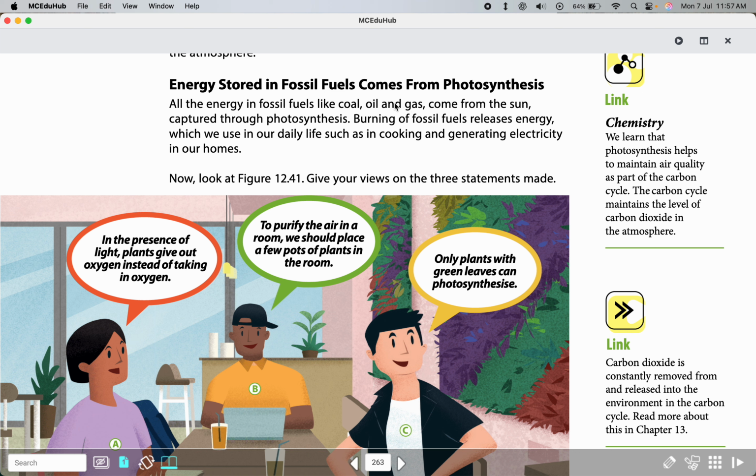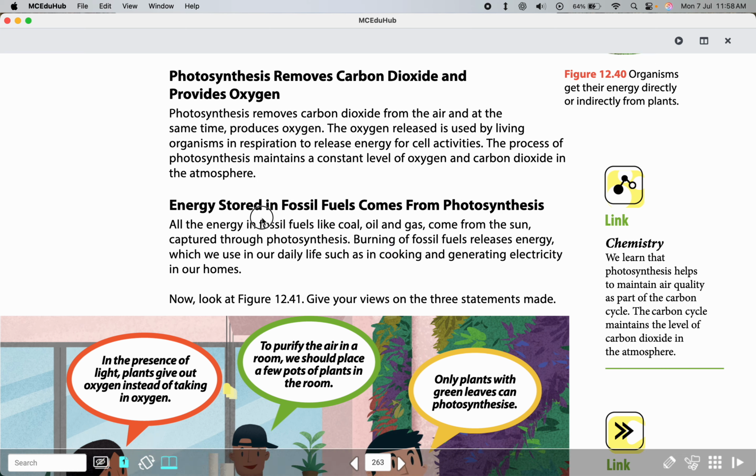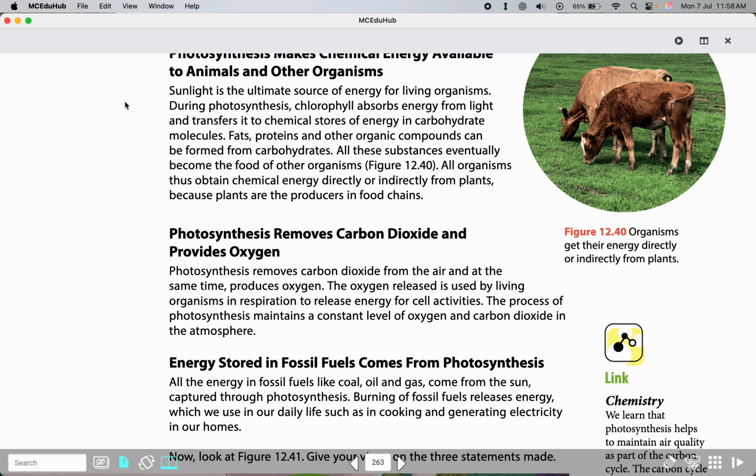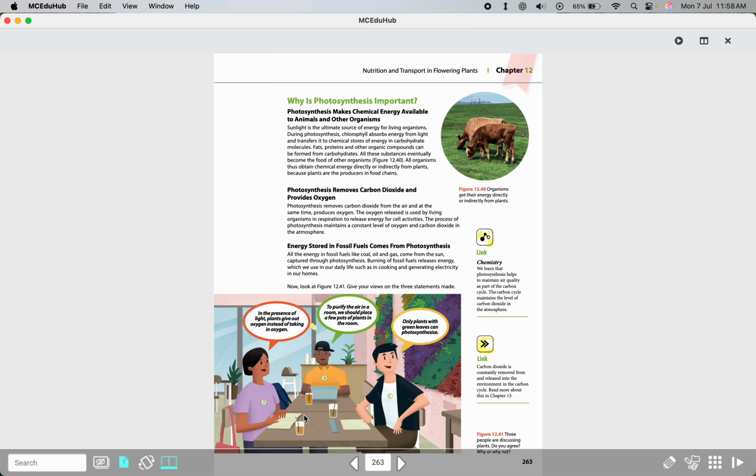So actually, all of this energy, directly or indirectly, came from the sun, because the energy was captured during photosynthesis. Whenever we burn fossil fuels, we release the energy, we use it for things like cooking, generating electricity, etc. So these are three big reasons why photosynthesis is crucial, very important for the survival of all species on Earth.